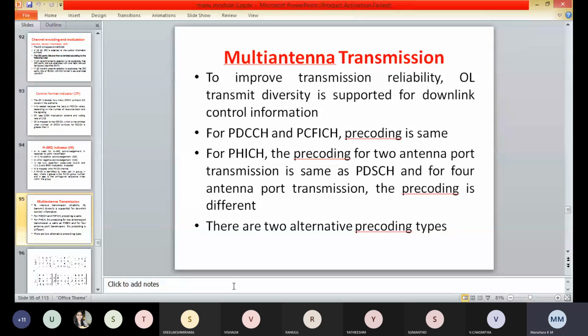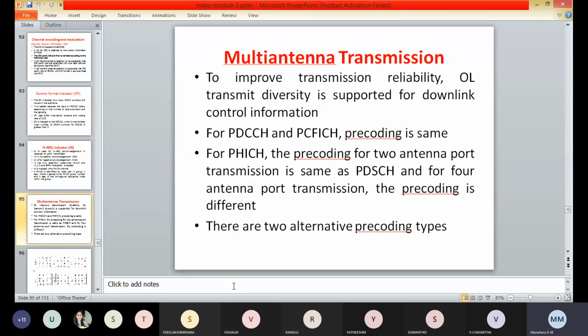So for the transmission on 4 antenna ports, the pre-coding is different. Each PHICH symbol is spread with a spreading factor of 4 and carried on 4 subcarriers, and a repetition code with rate 1/3 is applied.